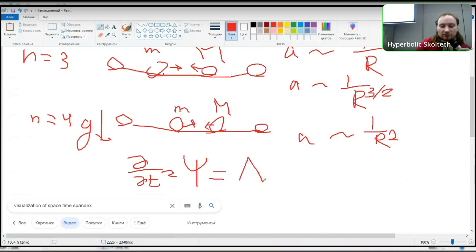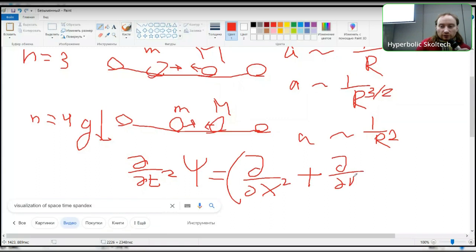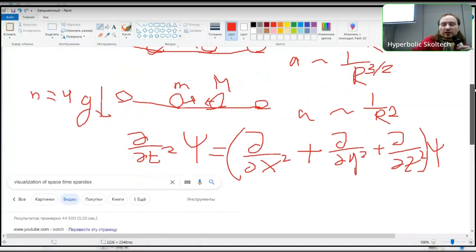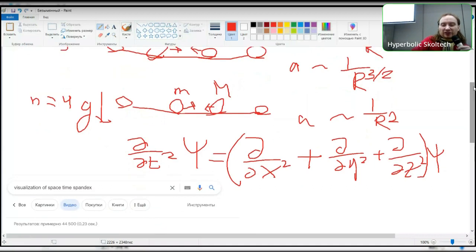For the surface of your spandex or your string, you have just a partial differential equation like this, and this is called a hyperbolic differential equation.